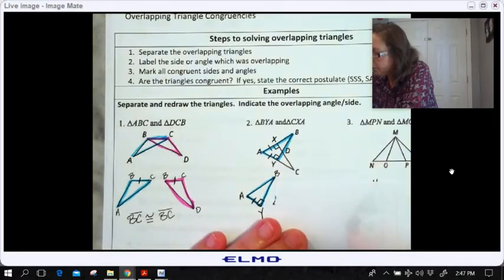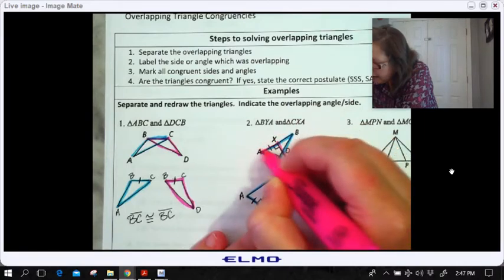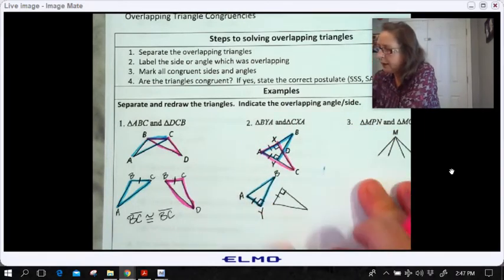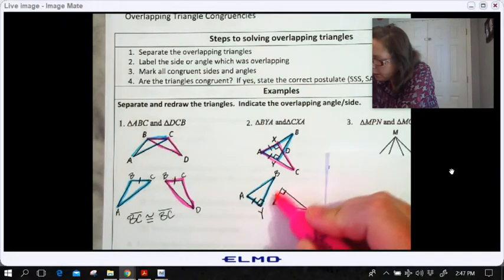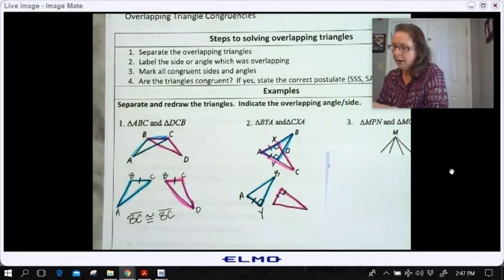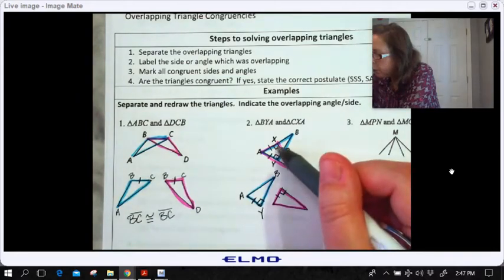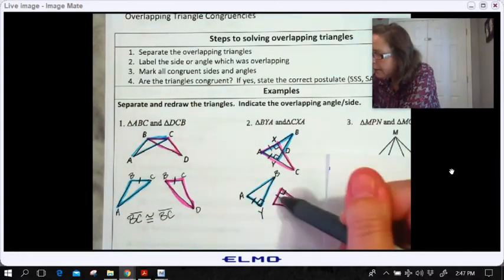Now let's do the other one. CXA. And I went ahead and I drew that out. I tried to make it match how it looked. Okay. I already drew on there the right angle and then the dash.